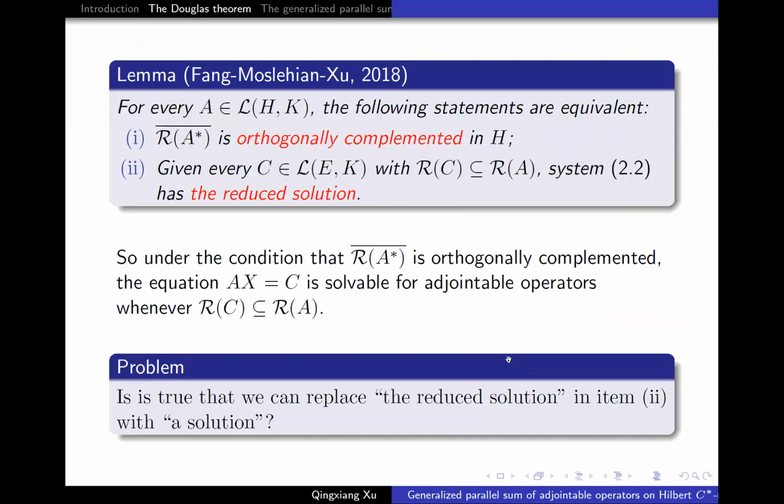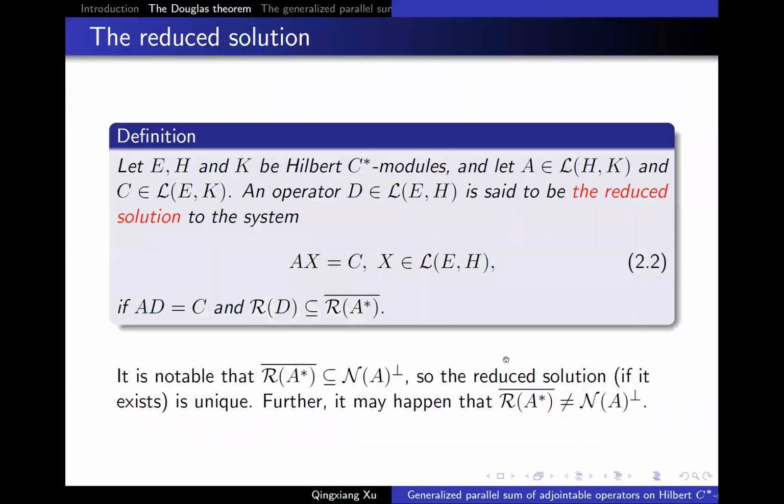Now let's look at the generalized Douglas theorem. In this joint work, we have this lemma. For every adjointable operator A, we show that the following two items are equivalent. The first item is that the closure of the range of A star is orthogonally complemented in H. The second one is that for every adjointable C, if the range of C is contained in the range of A, then the system 2.2 is solvable.